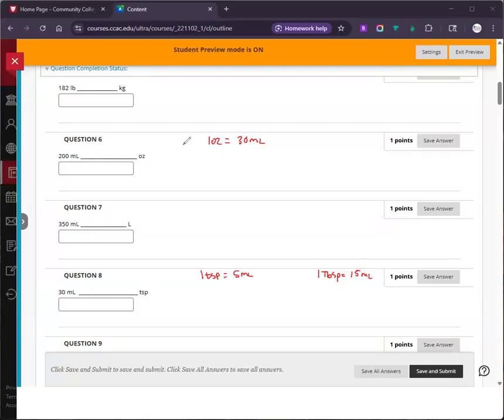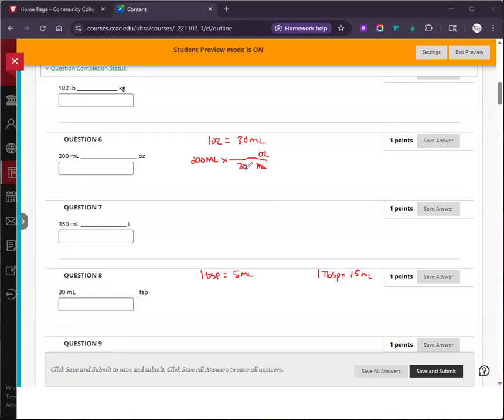So this says we're going from milliliters to ounces. We want to do a couple things. 200 milliliters. If I'm going to convert that to ounces, I need to know, do I multiply by 30 or divide by 30? What's going to help me determine that when I'm still figuring this stuff out is, again, setting up a conversion.